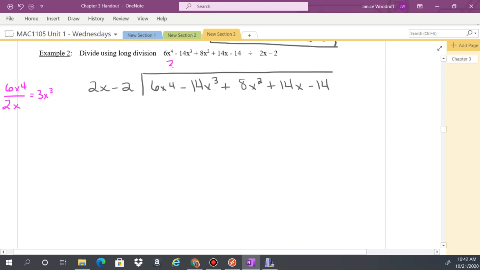So I'm going to put this 3x cubed up on top as my quotient. Then I'm going to multiply. So 3x cubed times 2x gives me a 6x to the 4th. 3x cubed times negative 2 will give me a negative 6x cubed.